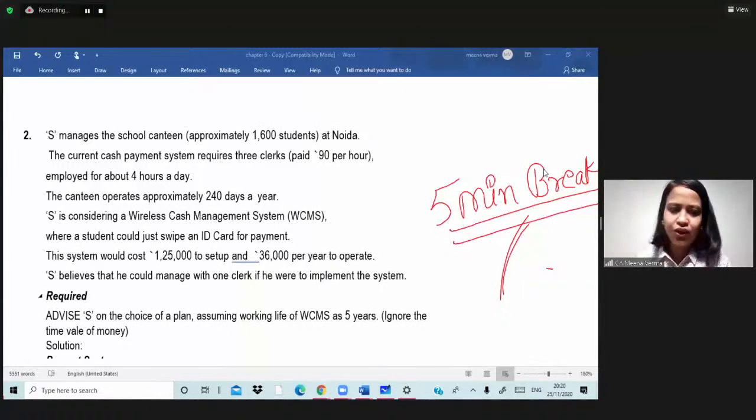Please tell me quickly, have you done the reading of this question? I'm trying to find. Quickly tell me you have done reading.